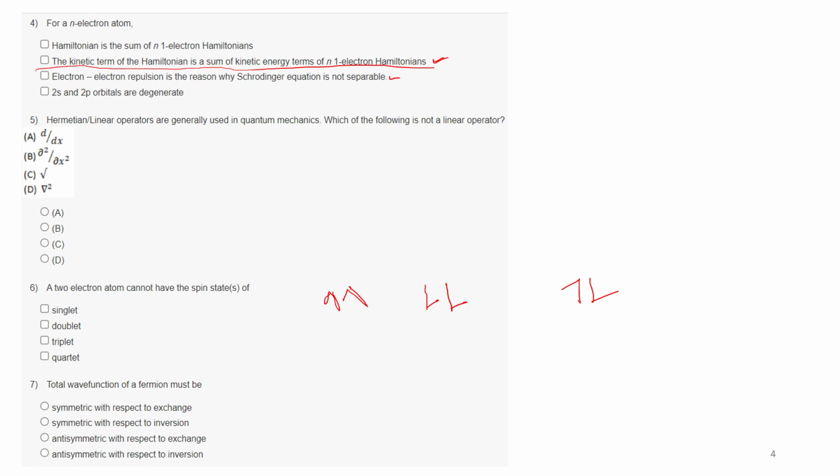But wherever we solved it, we are calculating the energy of the electron part, so the Hamiltonian is always set up for the electrons. But the question is asking about the whole atom, right? For an n electron atom.